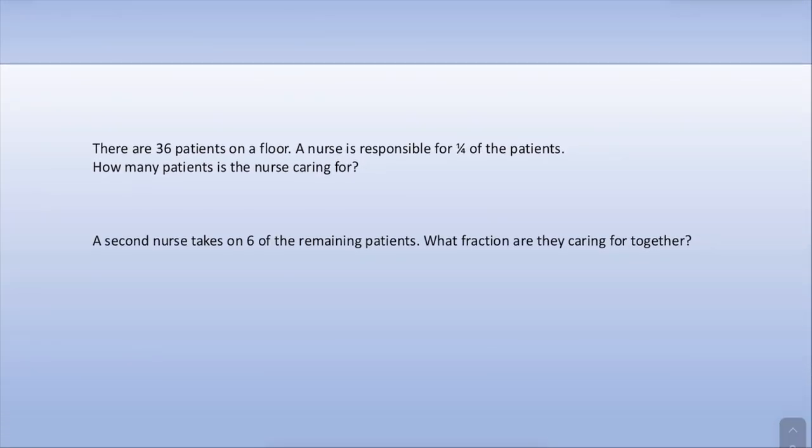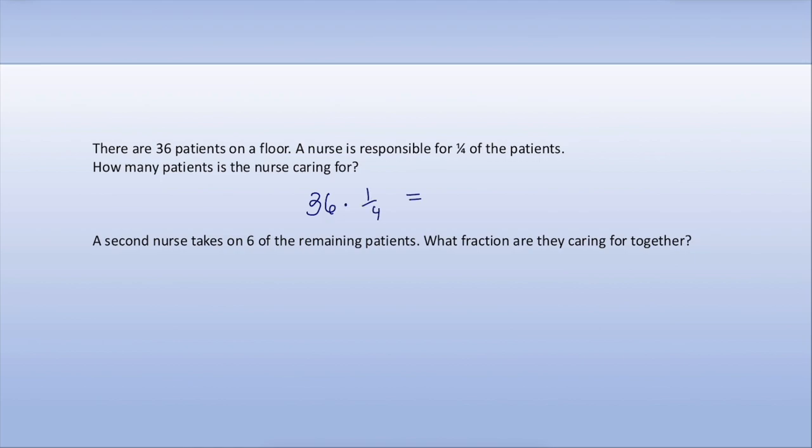Okay, let's take a look at some kind of application problems. There are 36 patients on a floor. The nurse is responsible for a quarter of the patients. How many patients is the nurse caring for? You can think of that as 36, your whole number, times 1/4.